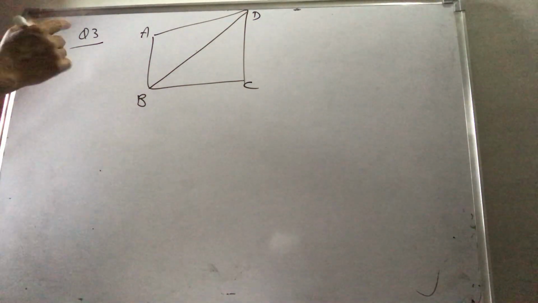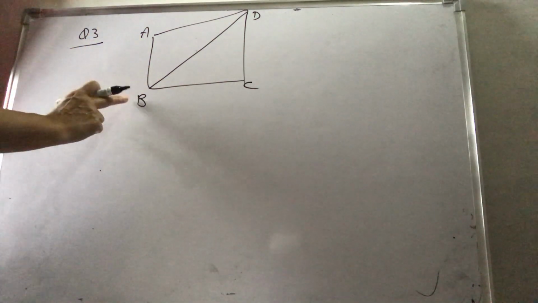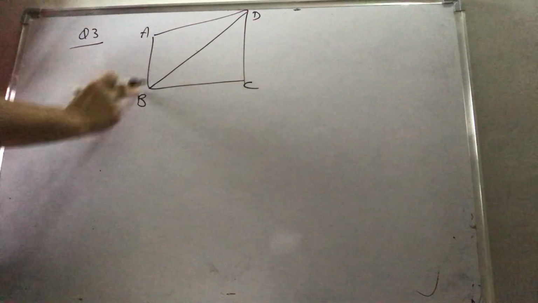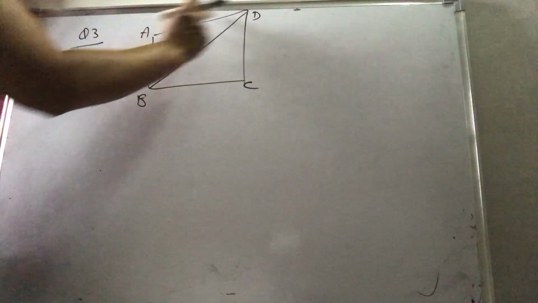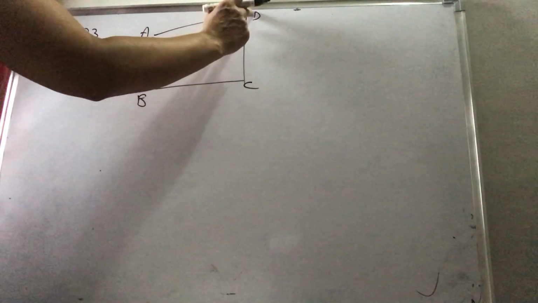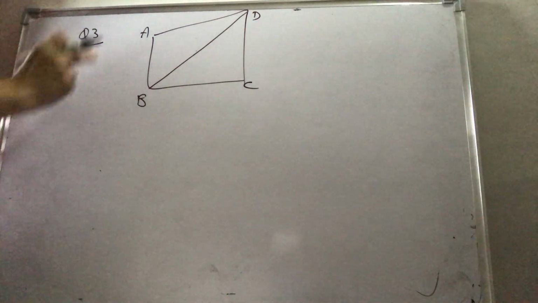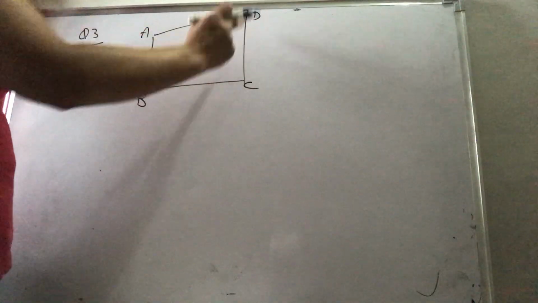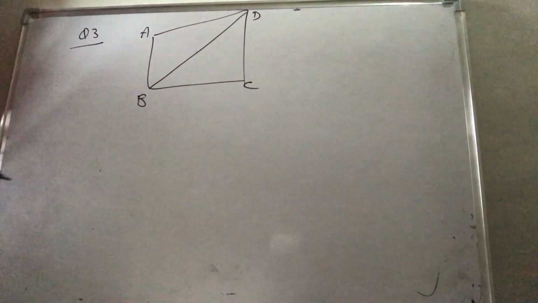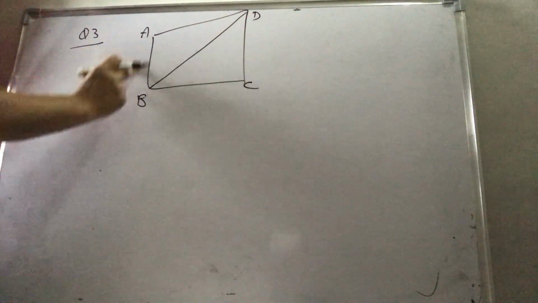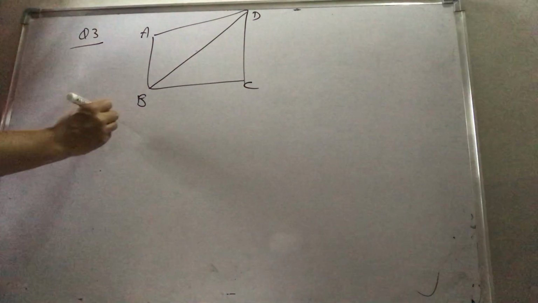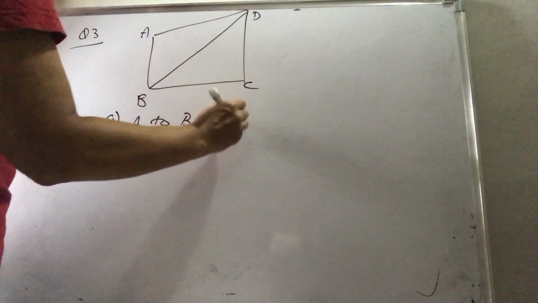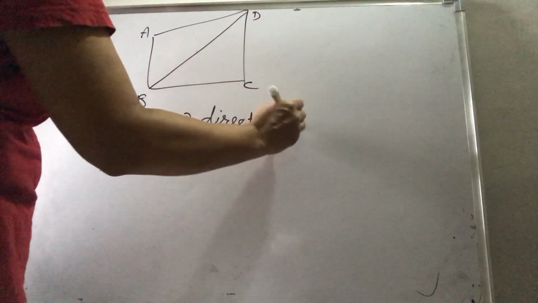We have to tell what is the shortest distance to reach from A to B. A to B directly, A to B via D, means first we go from A to D and then D to B. Third is A to B via C, means first A to D, then D to C and then C to B. It is obvious that A to B is the shortest way. So our answer is A to B directly. That is the answer.